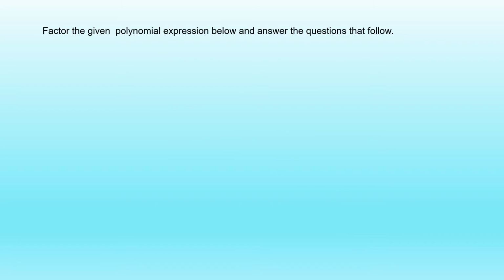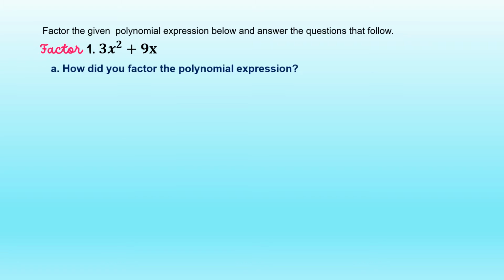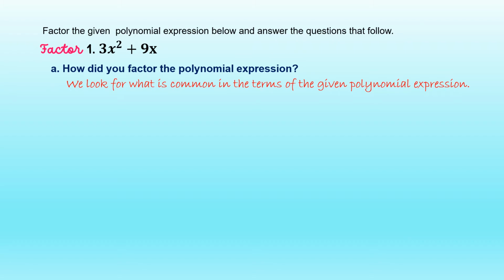Factor the given polynomial expression below and answer the questions that follow. Okay, so we're going to factor 3x squared plus 9x. How did you factor this polynomial expression? To factor it, we look for what is common in the terms of the given polynomial expression.